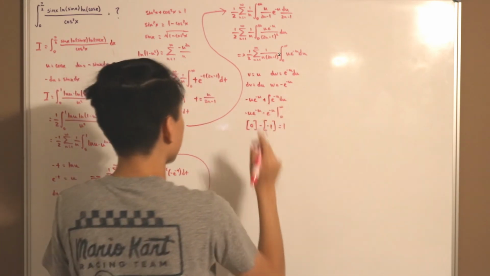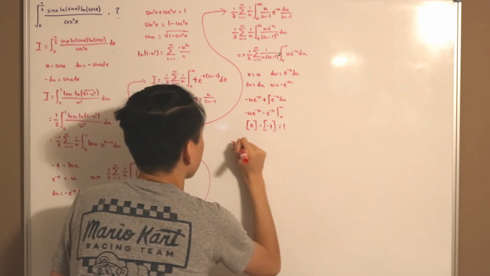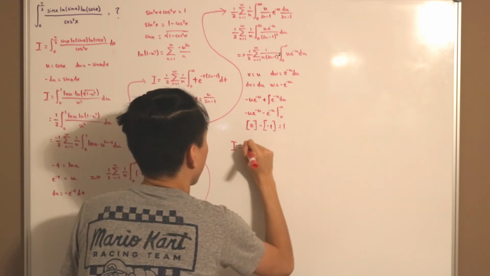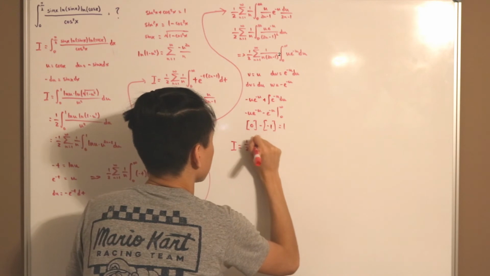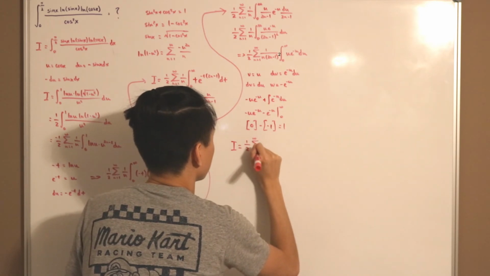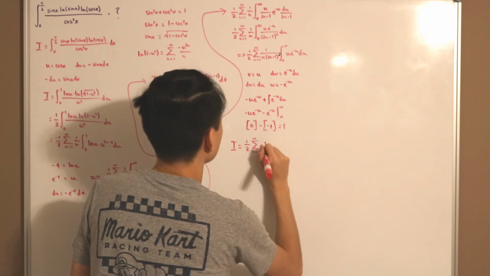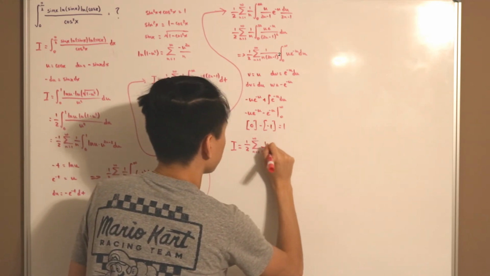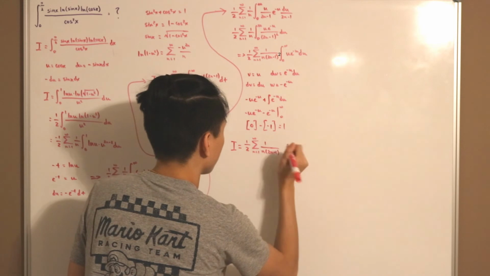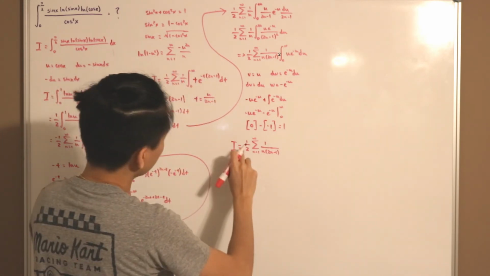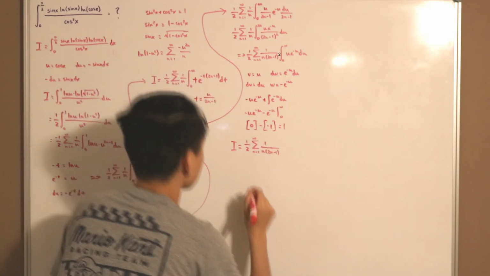So now that we have that, so far we have that I is equal to 1/2 times the sigma from n equals 1 to infinity of 1 divided by n times 2n minus 1. And we can actually distribute the 1/2 inside of the summation.